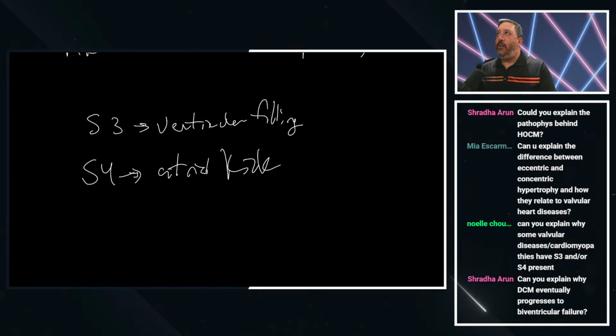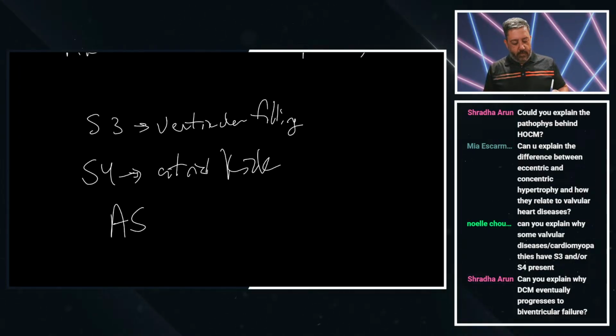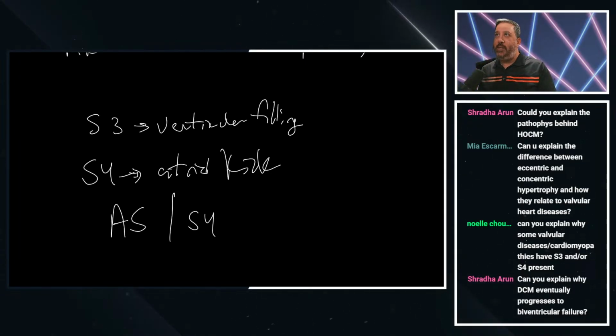So, valvular issues, let's look at them. Which one has an S3, S4? So, aortic stenosis. That can have an S4 present.